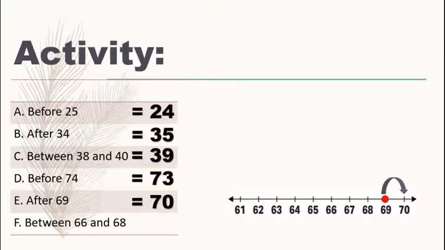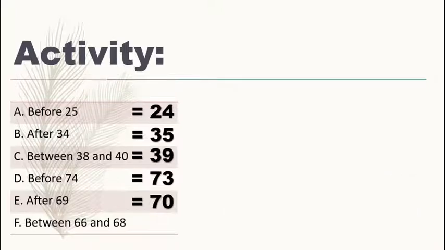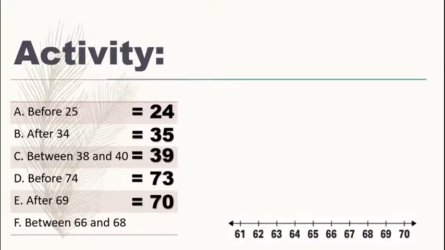And the last one, we have between 66 and 68. Again, we need to use the number line 61 to 70. The first thing we need to do is mark numbers 66 and 68.